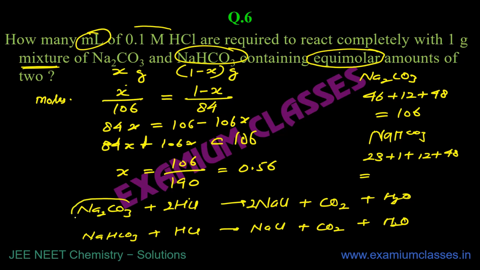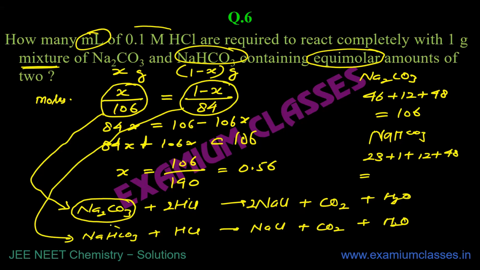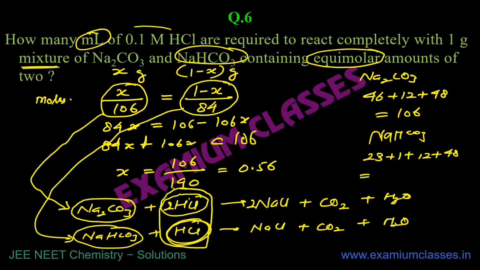So whatever moles I get of Na2CO3, double of that HCl will be required. Similarly, for NaHCO3, after substituting the value of X, this is a 1:1 ratio. So the same moles will be used of HCl. I know from here how many moles used, and from here how many moles used. I will add these, so I will get the total number of moles of HCl.